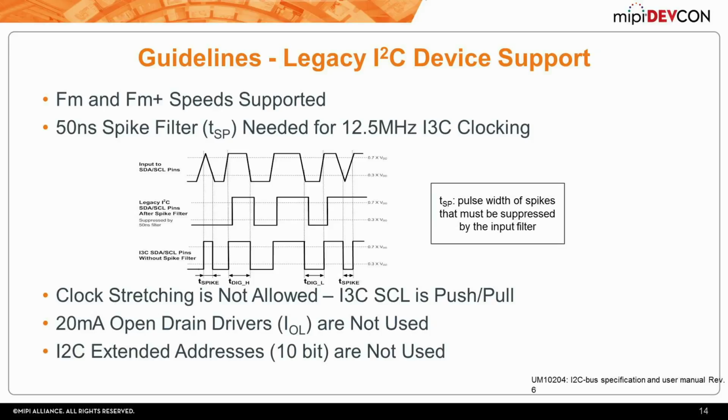But a key feature that they all should have is a 50 nanosecond spike filter, such that we can run I3C at 12.5 megahertz. One of the key innovations here, and 12.5 megahertz really is a key speed, is that when legacy devices are present, we actually want to run the bus for I3C devices at speeds outside of the glitch filter, such that the legacy devices do not see the activity and therefore are not disrupted on the bus and are not disrupted themselves.